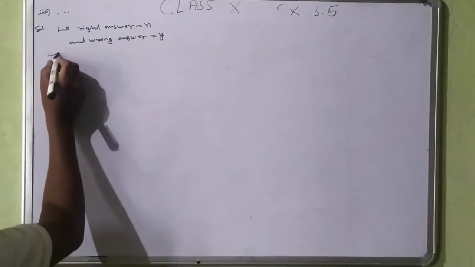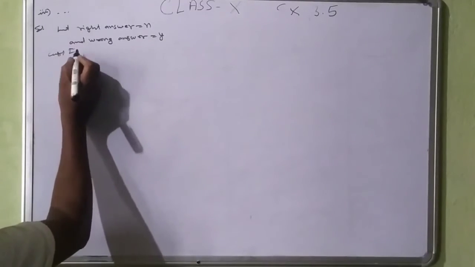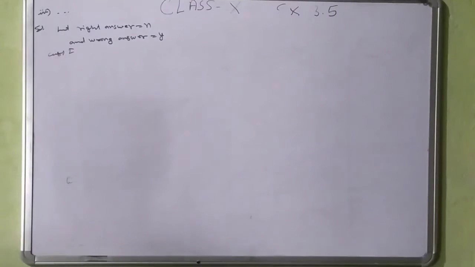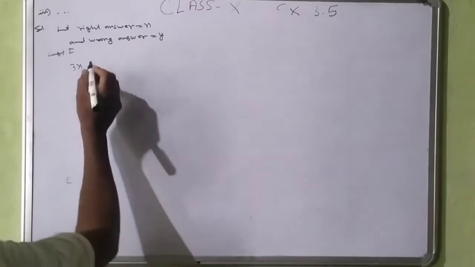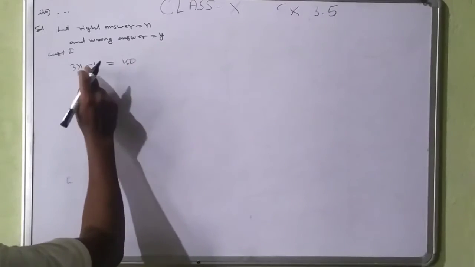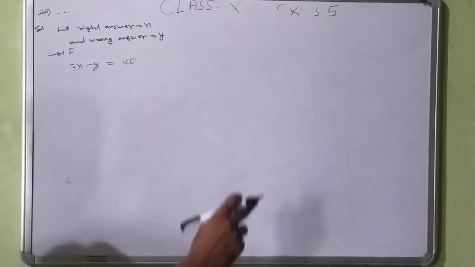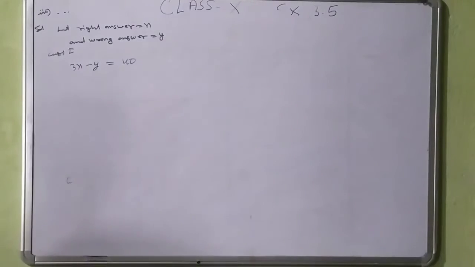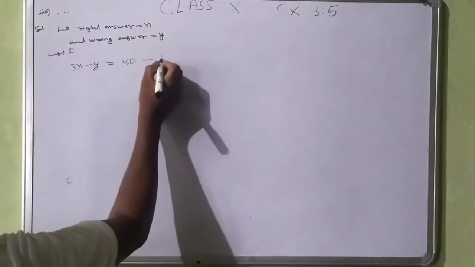So case first. Getting 3 for each right answer, so 3x, and then losing 1 mark for each wrong answer means minus y is equal to the score of 40 marks. Why have we put minus? Because it is a wrong answer. A wrong answer means deducting marks. That is the first equation.